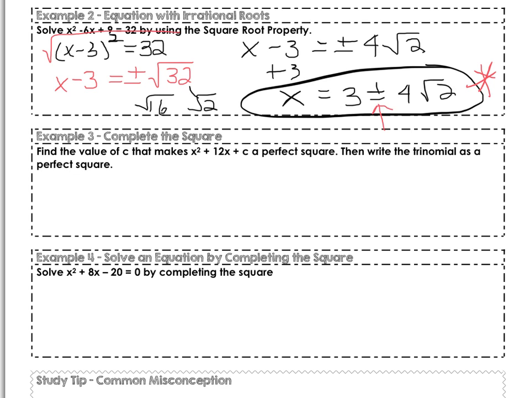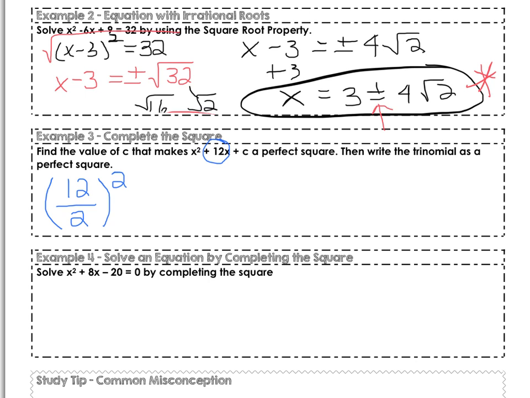Now what about scenarios where we don't have perfect square trinomials? That's when we learn the process of completing the square. The process for completing the square is always going to be the same. We're always going to take a look at our b value. In this scenario, it's 12. We're going to take that 12 and cut it in half, and then whatever that produces, I'm going to square it.